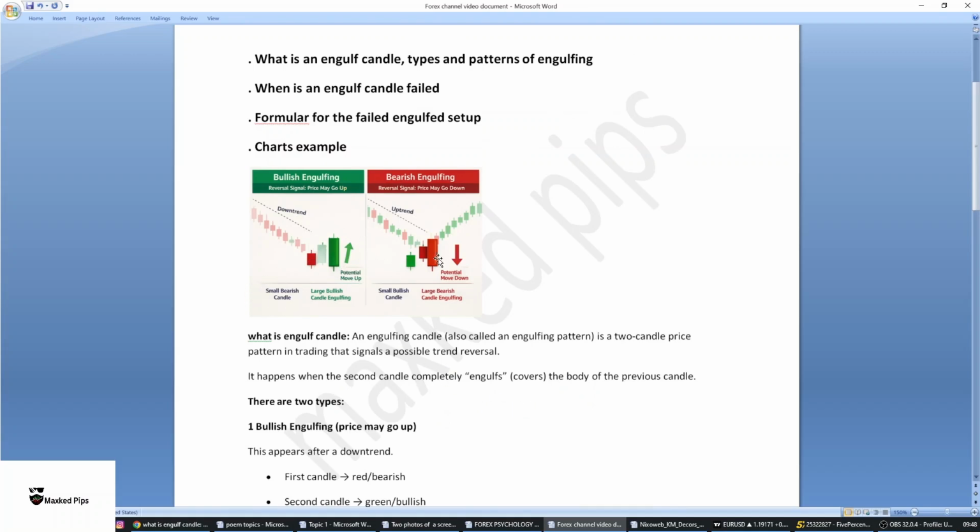And there are two types of engulfing candle. We have the bullish engulfing. That's when the bullish candle is the engulfer, so the bullish candle is the bigger candle, and the bearish engulfing is when the bearish candle is the engulfer, which signifies price going down.